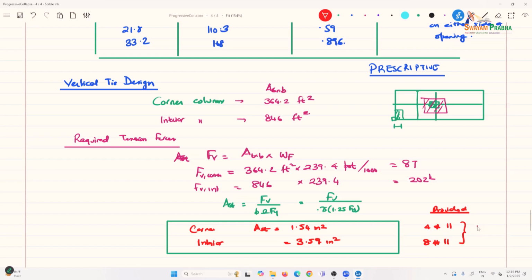These are adequate. So there is no additional reinforcement needed for the given forces.